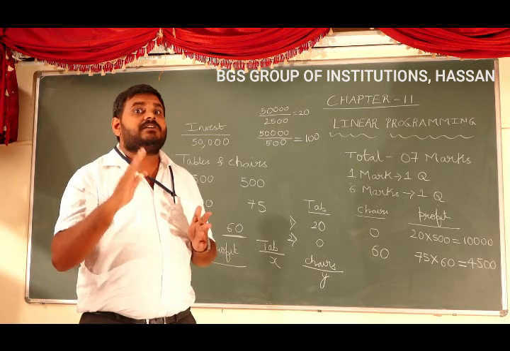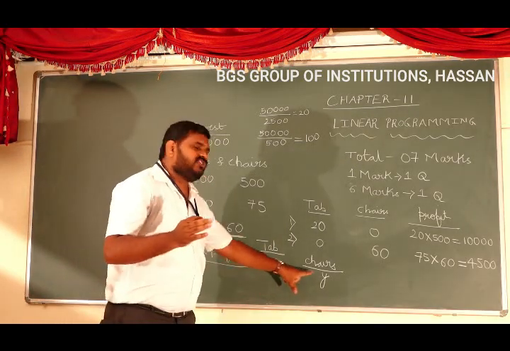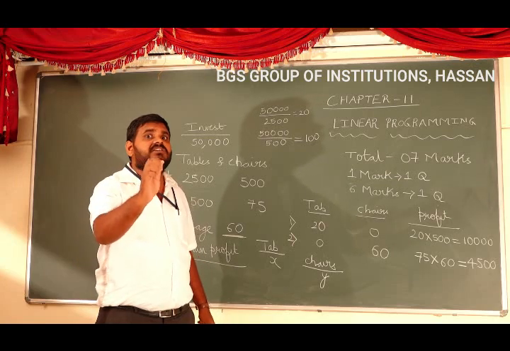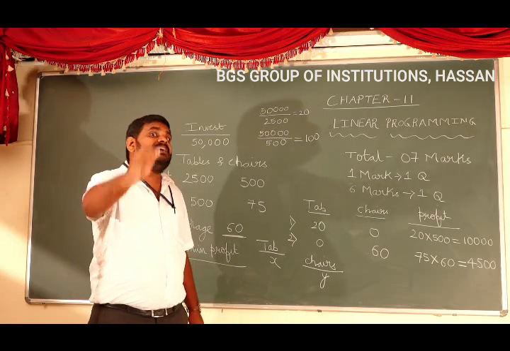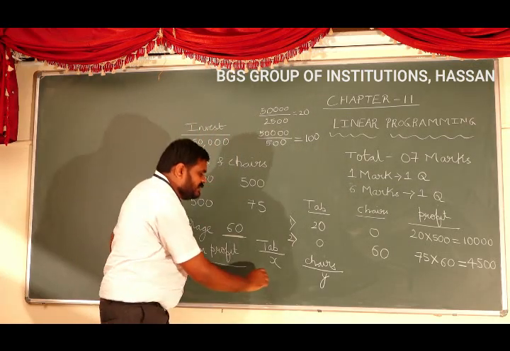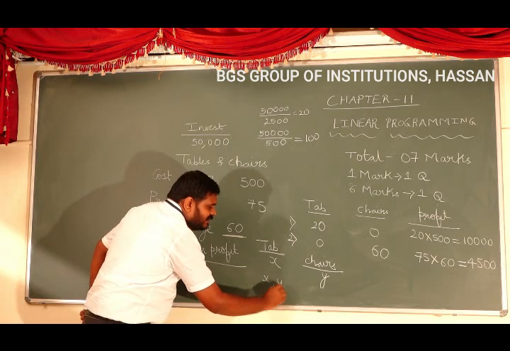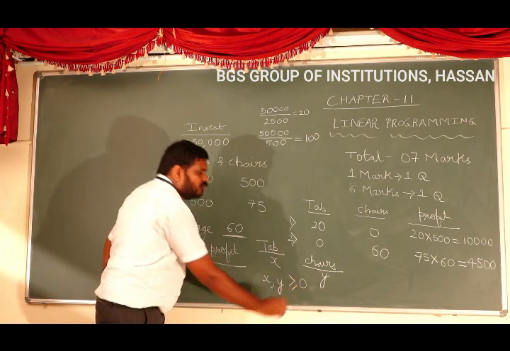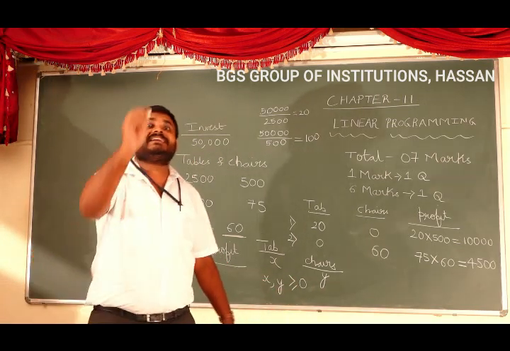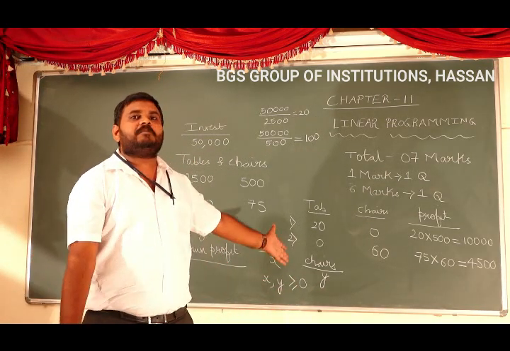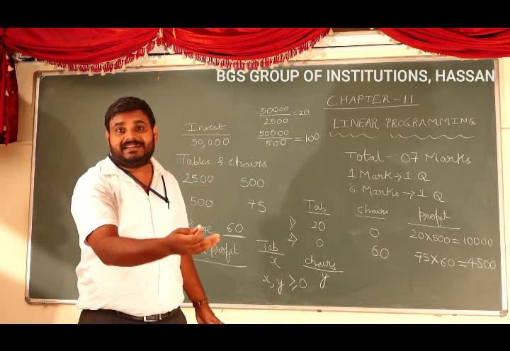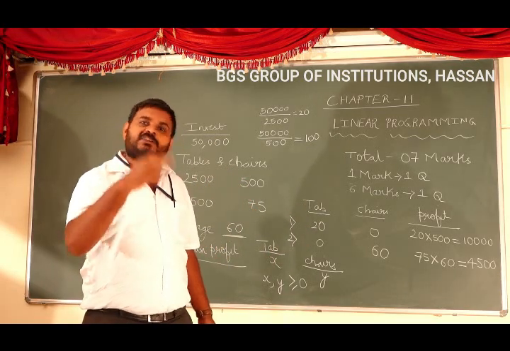Which means the tables and chairs, whatever the X and Y variables I have taken for the representation, can never be negative. So I can say very clearly X comma Y both are greater than or equal to 0. It can't be negative because I can't buy -1 chair, -2 chair or -3 table like that. At least if I buy, I should buy 1.